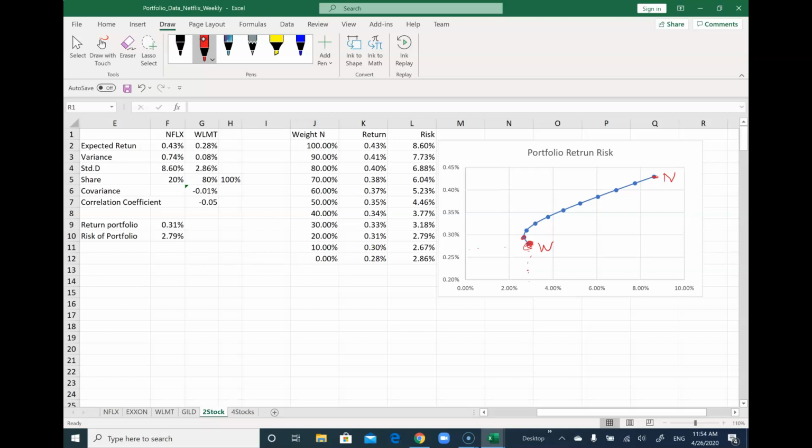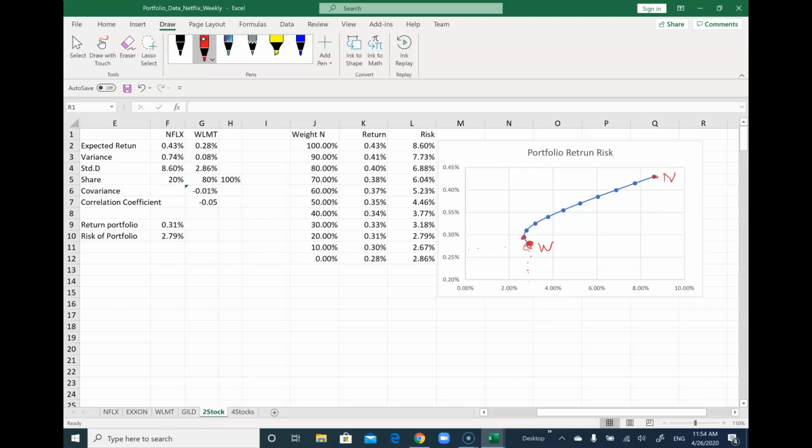So you can see that when you increase the share of the Netflix asset from 0% to 10%, you can actually gain an important improvement by reducing the risk and at the same time improving the return. Okay, so that's what we can easily see by creating this chart.